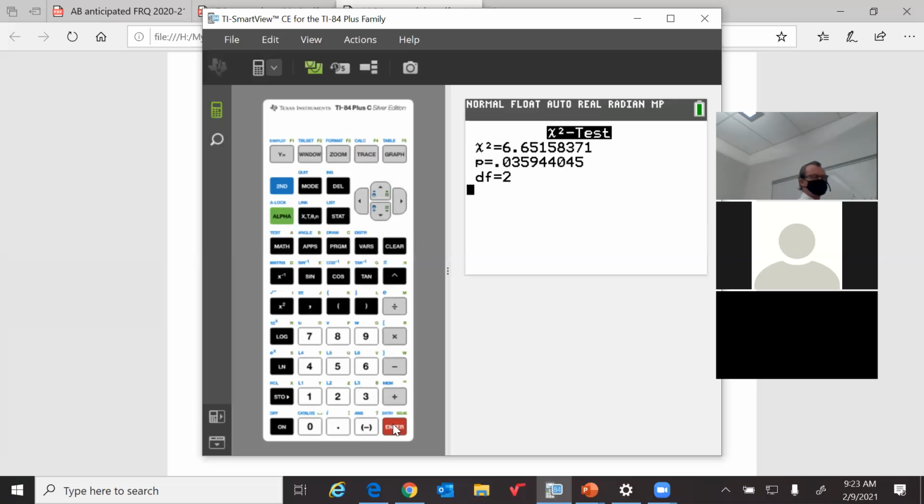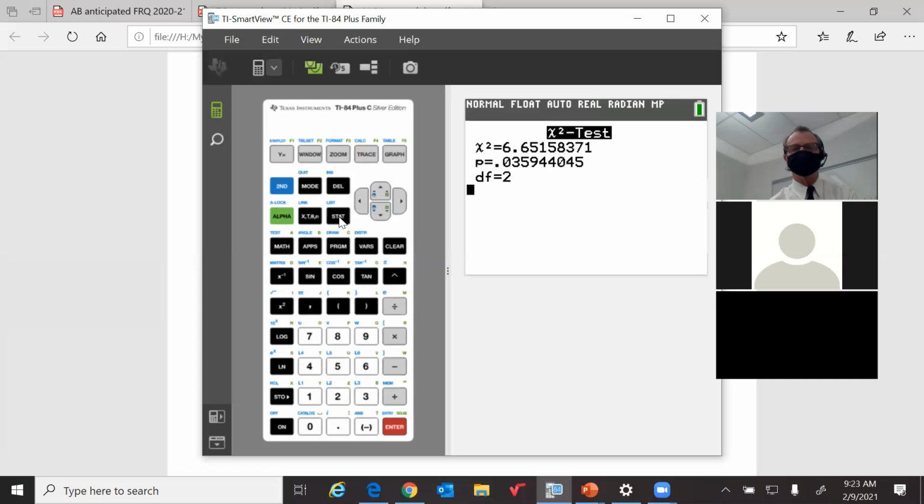Just to be consistent, we'll take it to 3 decimal places like calculus, but you don't need to do that. But they're telling you in the test what the p-value is. The p-value is less than 5%. So we should reject the null. But now look what happens.